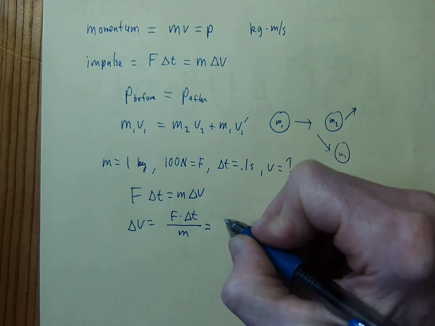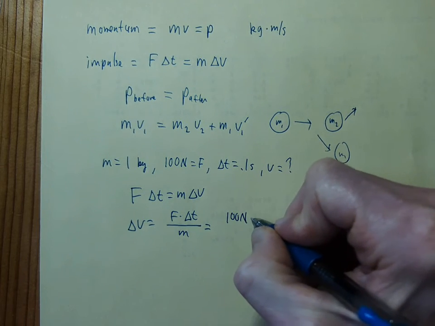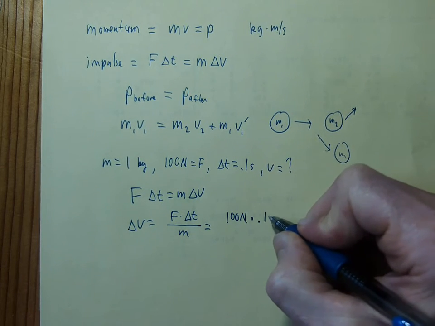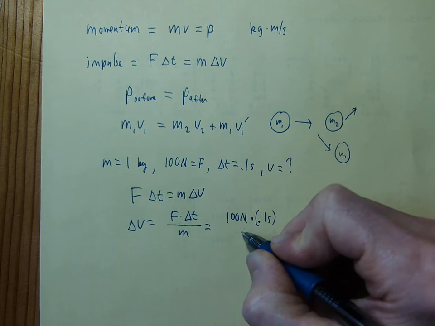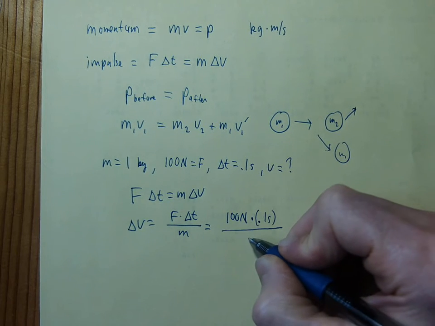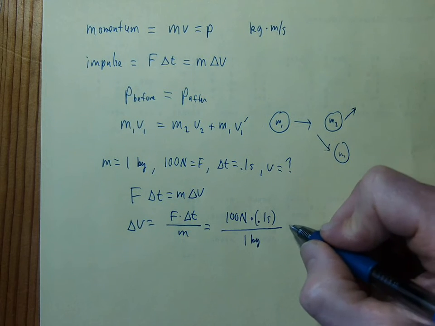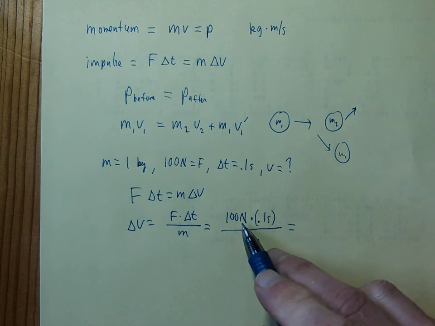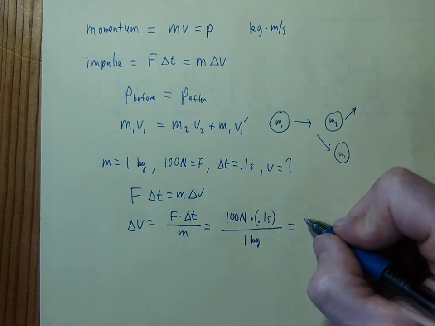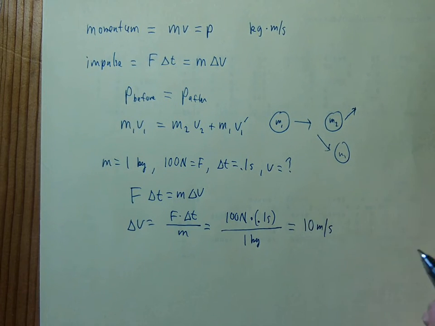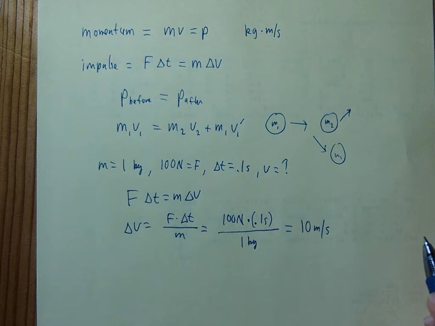We just plug in the numbers. 100 newtons times 0.1 seconds, in parentheses, divided by the mass, which I said was 1 kilogram, which is a very heavy ball. And let's see, 0.1 times 100 is 10, so that would be 10 meters per second. So it would leave your tennis racket at 10 meters per second. So that's kind of the idea of doing a problem like that.